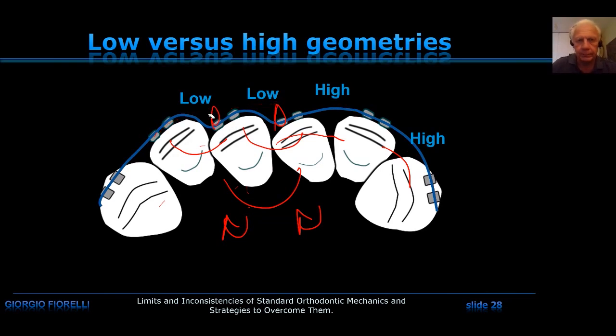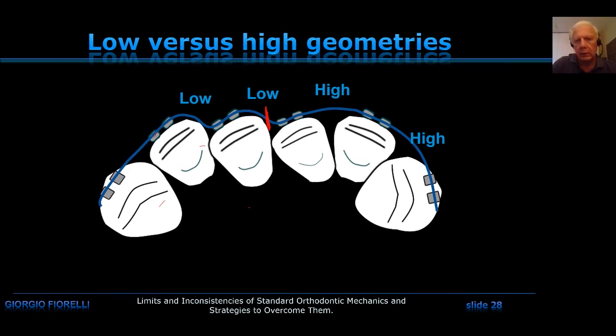So what can we do in order to avoid this low geometry in this area, in this case? One thing is very, very simple. You take a cutter and you cut the wire here.